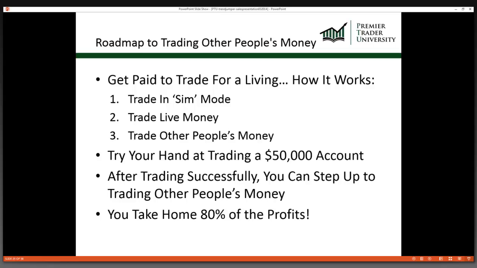But the only way you can do this, nobody's going to give you these funds unless you can prove that you can trade successfully according to certain parameters. So we basically have designed the fact that we know the trade plans that will work. We know the trade plans that will meet the criteria of the investors to get them willing to give you these funds. And we've already had people go through this and do it.